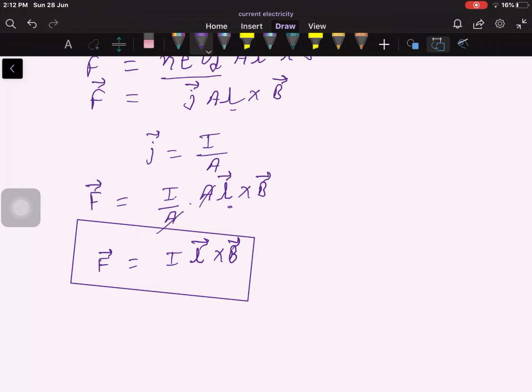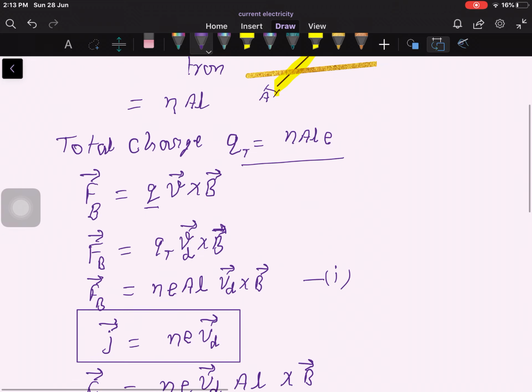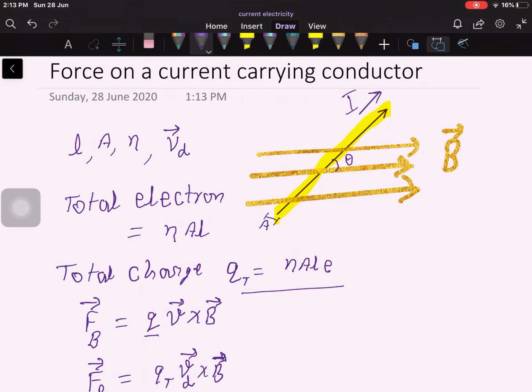This holds whenever a straight current carrying conductor is placed in an external magnetic field. But what is going to happen if this current carrying conductor is not straight and has some irregular shape? Then how can we apply this? In that case, we'll divide this whole wire into small pieces for which the conductor is straight.